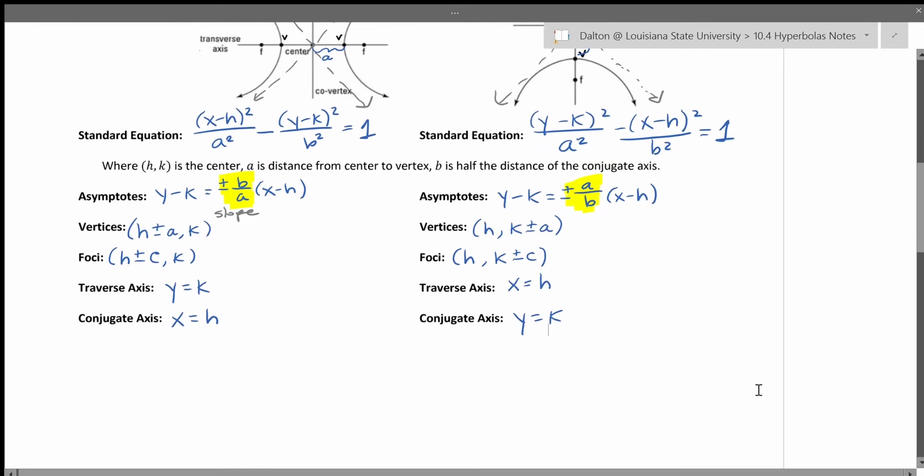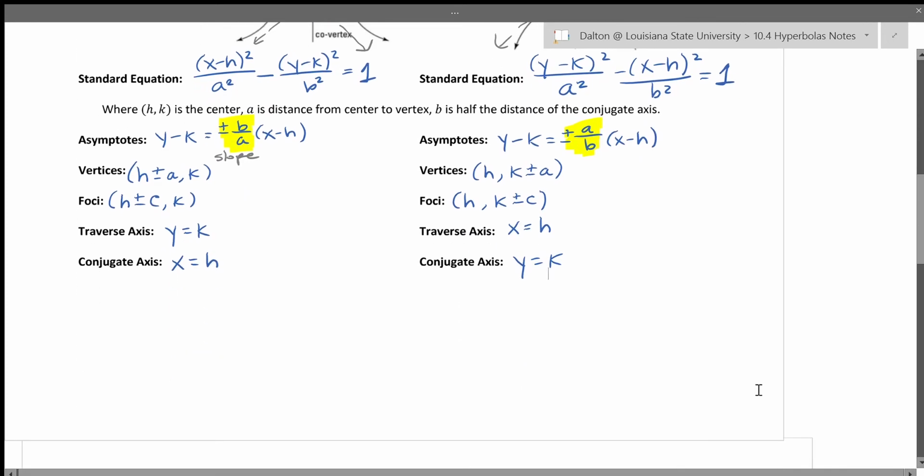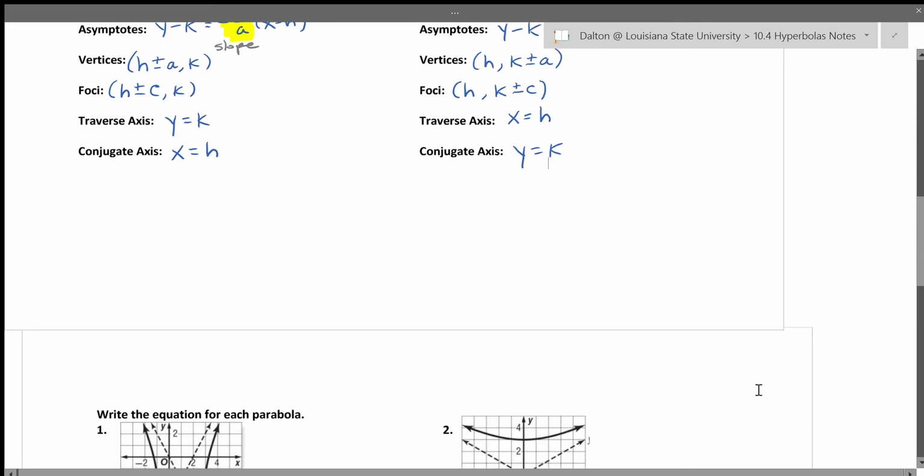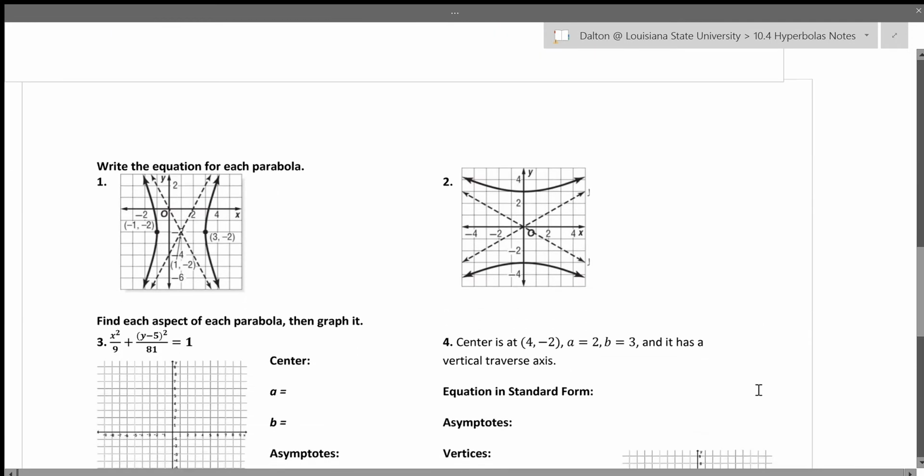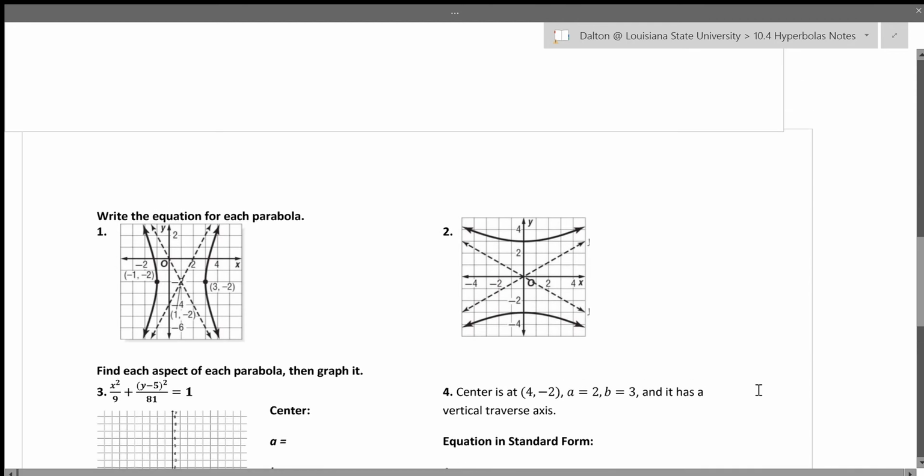Okay, the first couple of examples are very straightforward. I give you a picture and I want you to write the equation for the hyperbola using what I give you here. Okay, so in order to write the equation of a hyperbola, let me rewrite it up here so that we know what we're looking for. It's just like an ellipse, (x minus h) squared over a squared minus, that's the difference from an ellipse, (y minus k) squared over b squared is equal to 1.